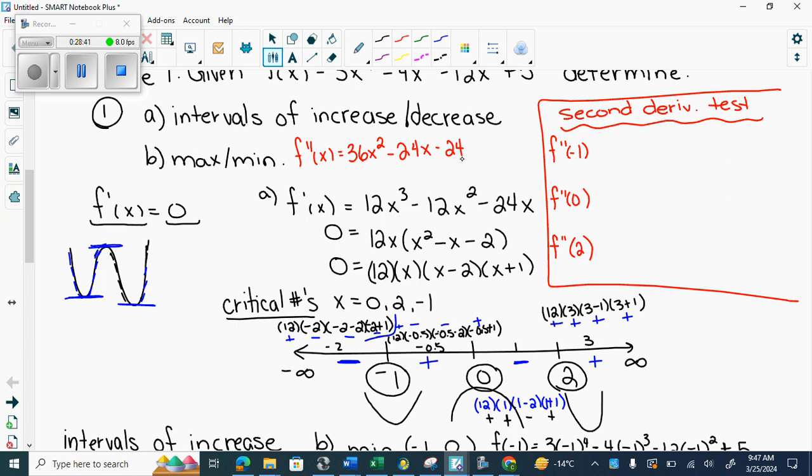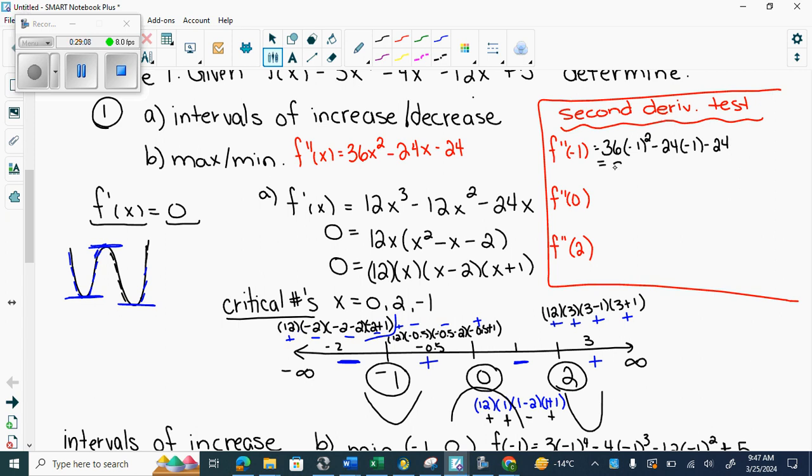If my answer is positive, it's a minimum. If my answer is negative, it's a maximum. Do I actually even need to know what the actual value is? No, I just need to know its sign. So, I'm going to fill in -1. I get 36 times -1 squared minus 24 times -1 minus 24.